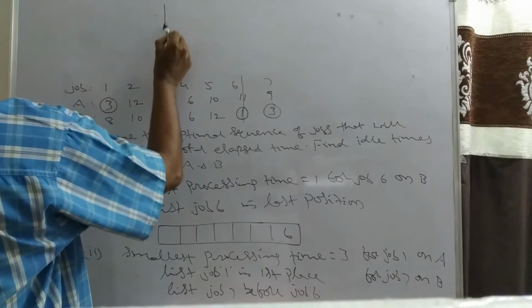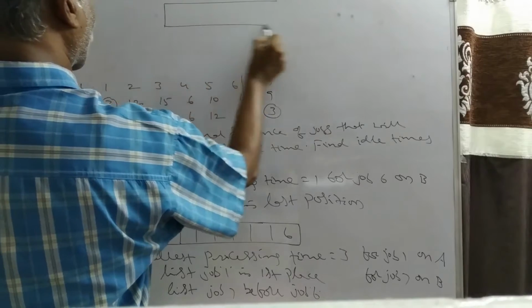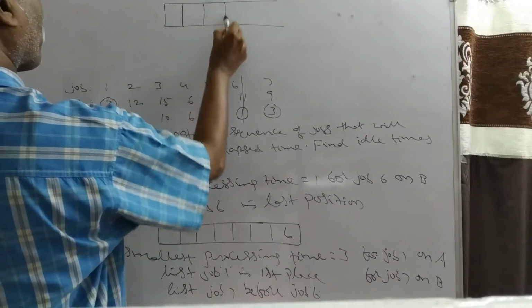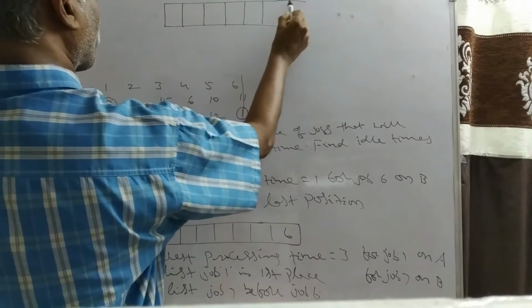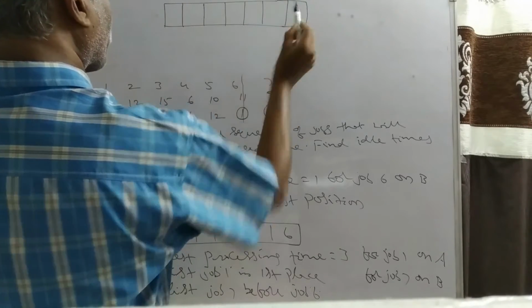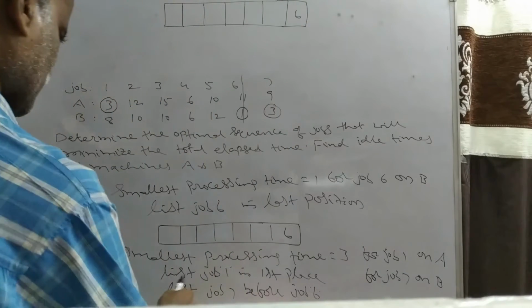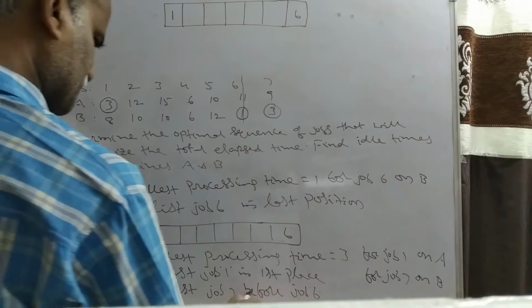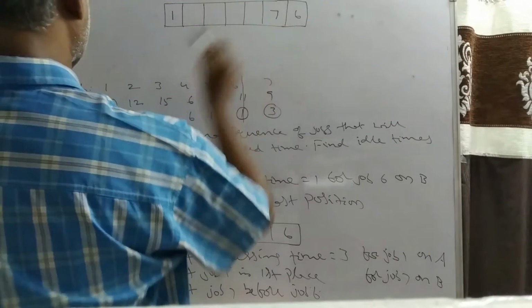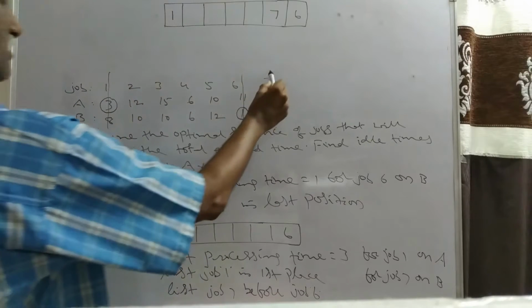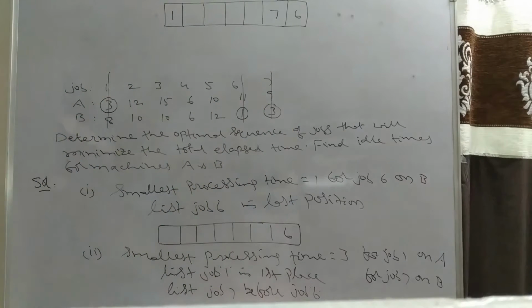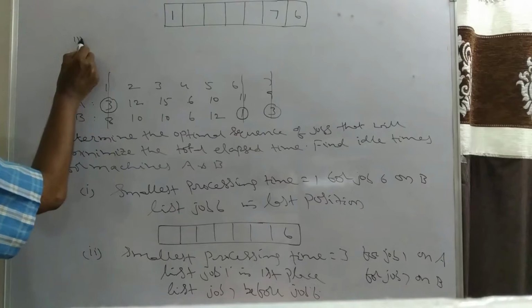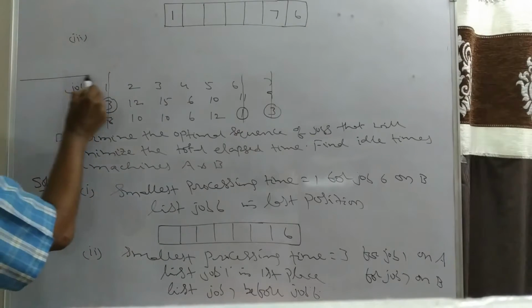This is the previous sequence. Now list job 1 in first place, and job 7 before 6. Cross off the first job and the 7th job. Next, repeat the same process for the remaining jobs.